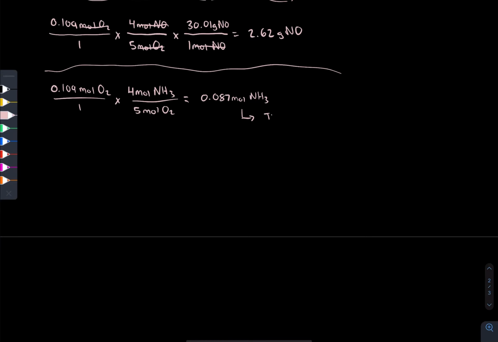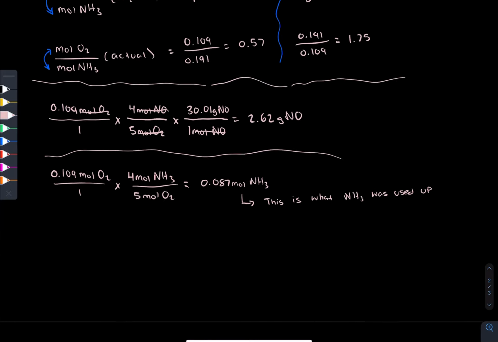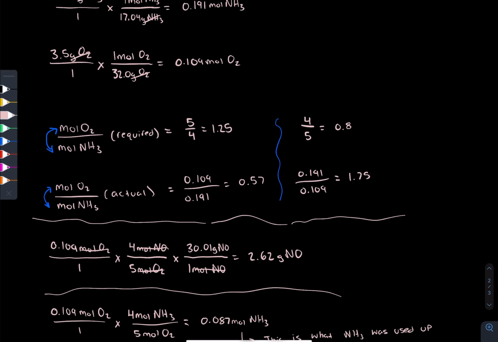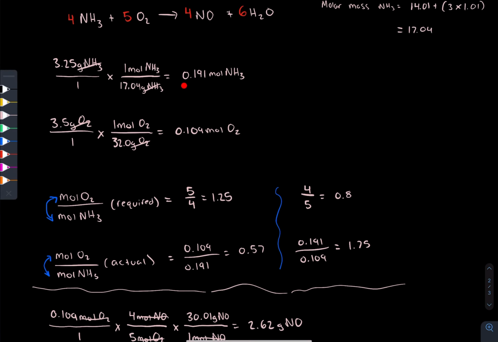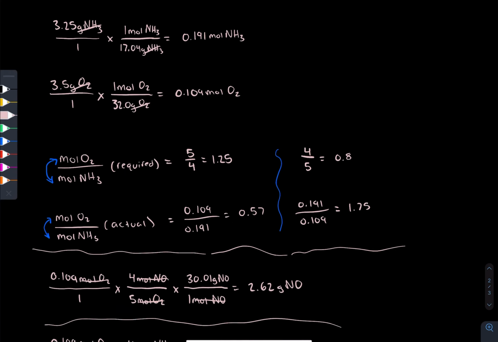And this is not our answer. So what this tells us is what amount of NH3 was used up. And what they're asking for is what's the excess amount. So we have to start with our total, which we had right here. We calculated earlier 0.19 moles of NH3 is our total.